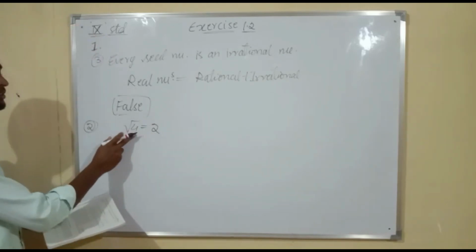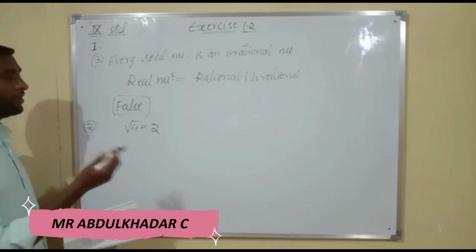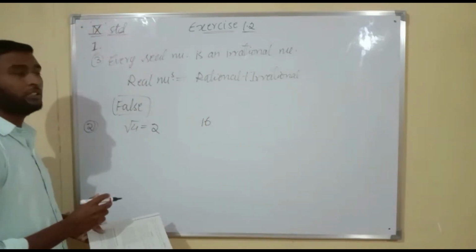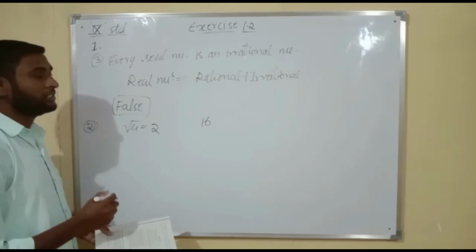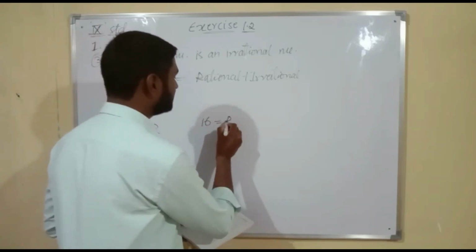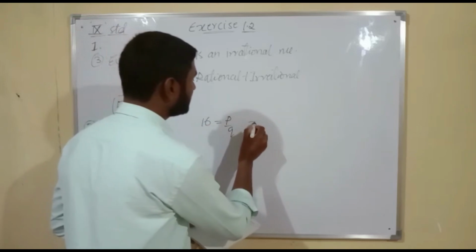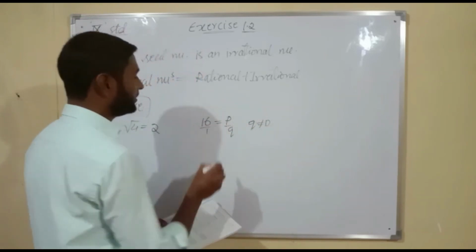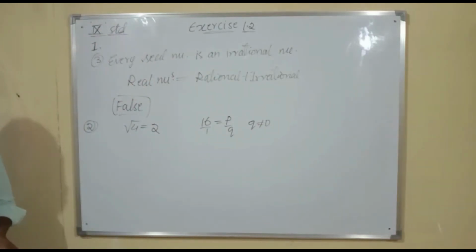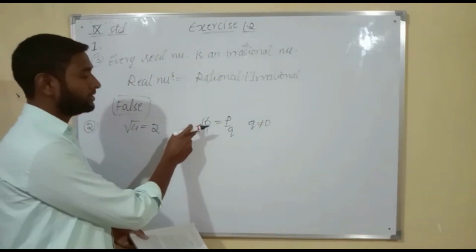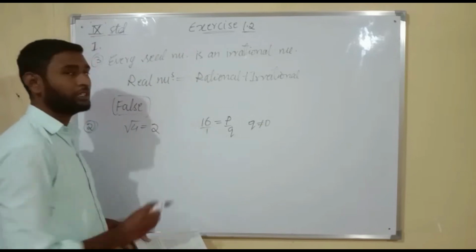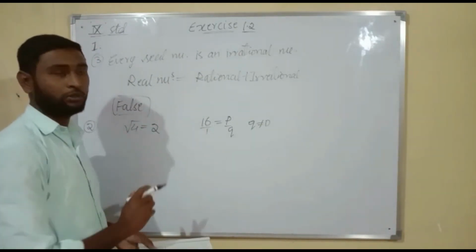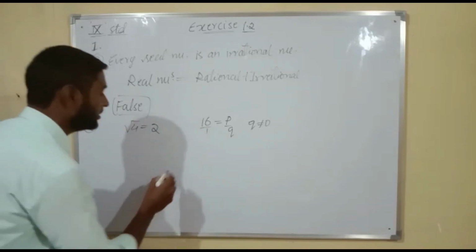If you look at 4, it is a rational number. Or take another example, 16. 16 is a rational number because it is in the form p by q, where q is not equal to 0, as it has the denominator 1. We have to check its square root.